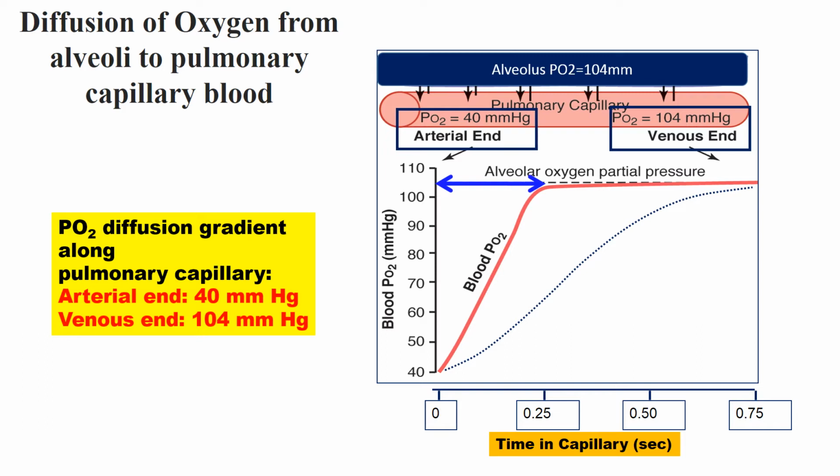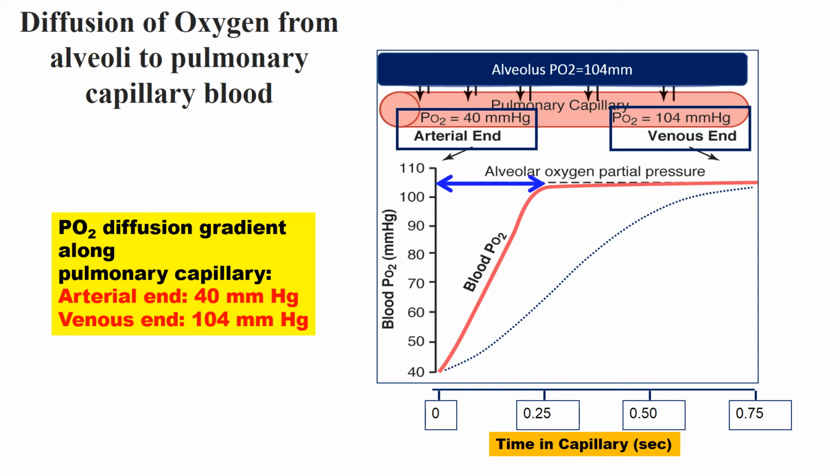When the blood has reached 1/3 of the distance, it is already in equilibrium with the alveolus. Next is the plateau phase, where the oxygen concentration is not changing much. So within 0.25 seconds, it is attaining equilibrium with the alveolar oxygen.